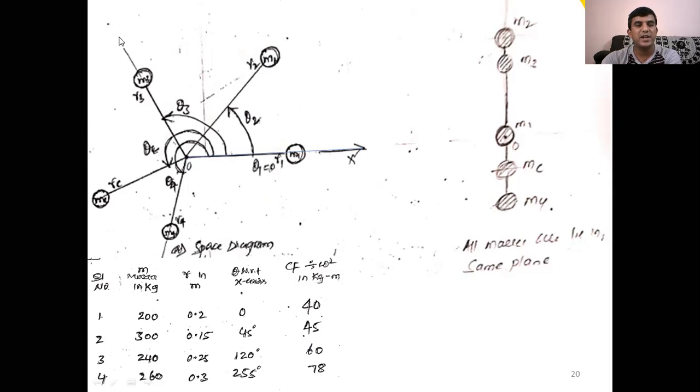Draw a 120 degree line. Along the 120 degree line, show the M3, R3. Orientation theta 3 is 120 degree. Next, the fourth mass is with respect to horizontal line 255 degree. Here in the protractor, if you use only a 120 degree protractor, go in reverse direction. Draw the horizontal line extended from point O.